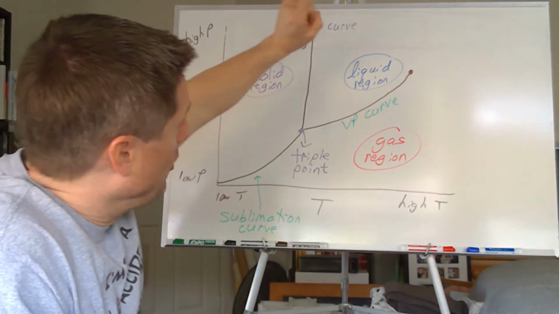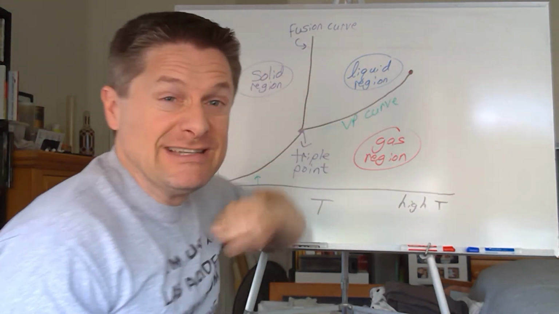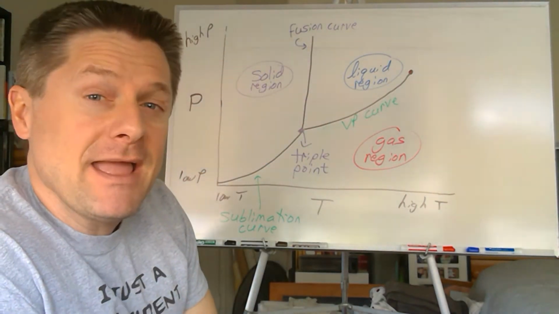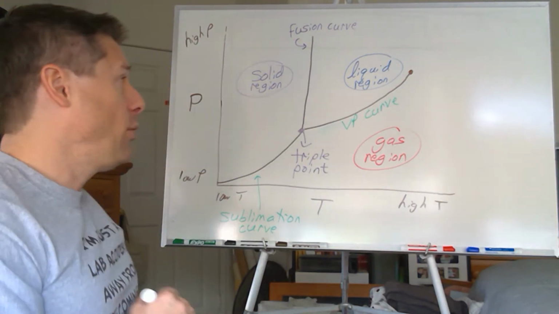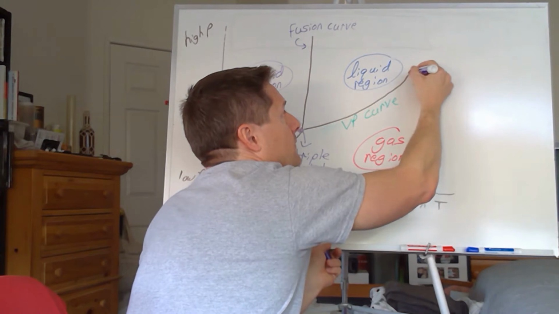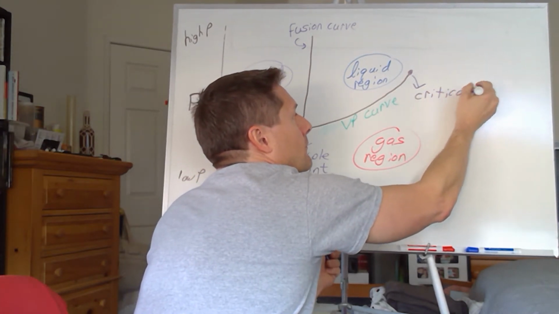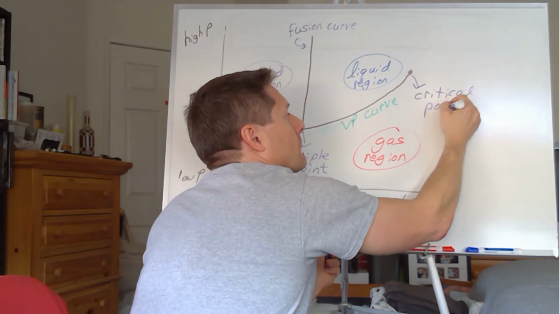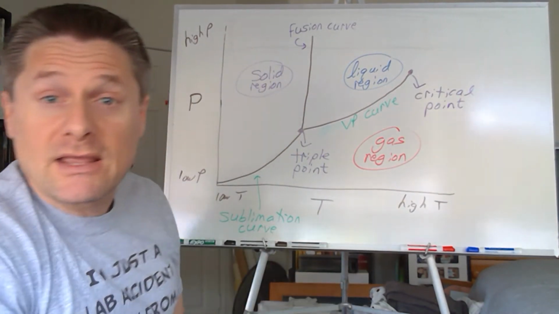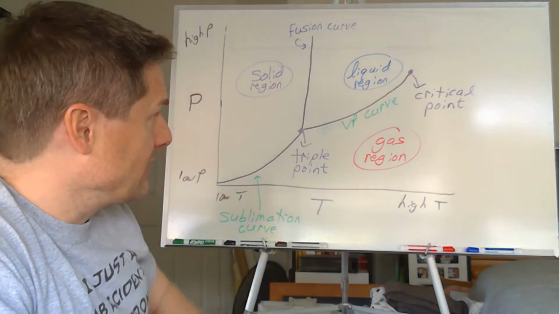Now, there's another point right here. This kind of just keeps going up. But the vapor pressure curve does end. It's something I haven't talked about yet. This point right here where it ends is called the critical point. So we're going to spend some time talking about what is kind of unique over at that critical point there.